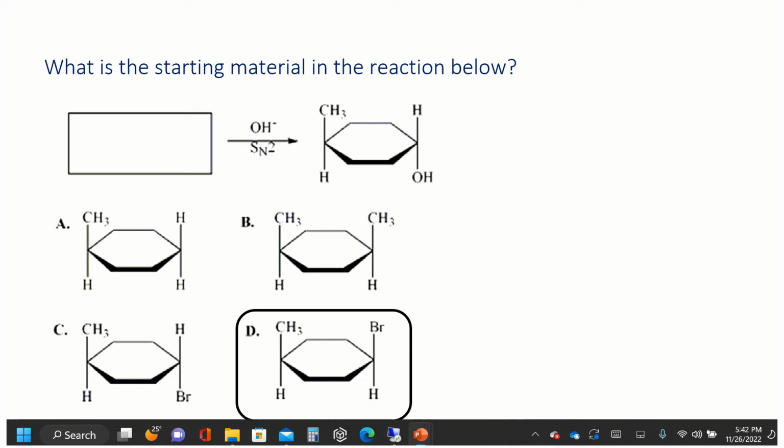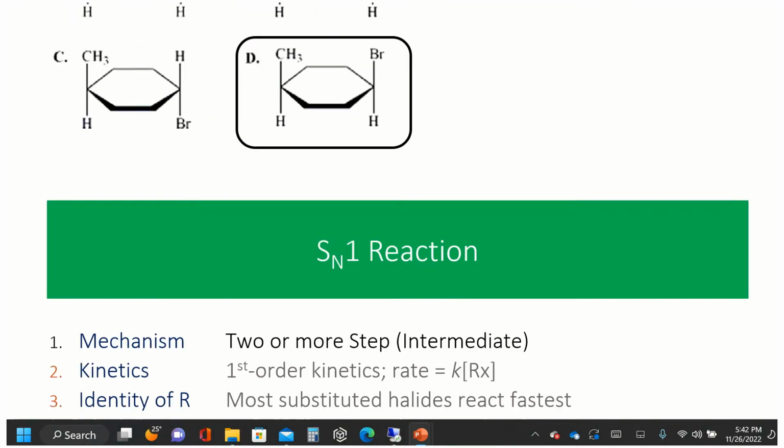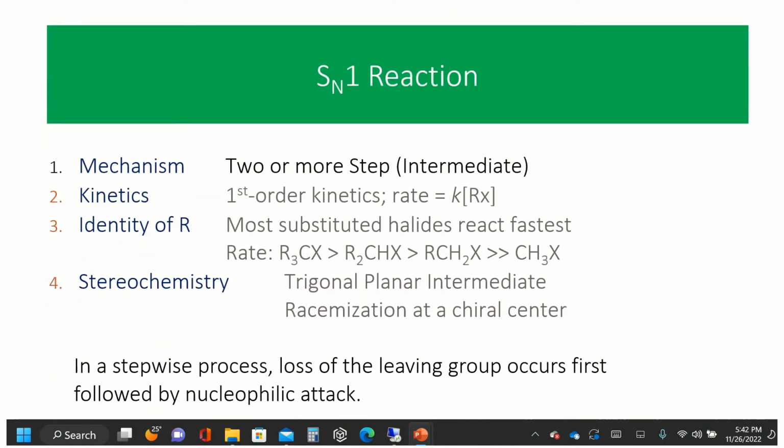With that, we're going to move on now to SN1 reactions. And the main features of SN1 reactions: it definitely goes through two or more steps, i.e. we're going through a significant intermediate. It is of first order kinetics, so rate is only dependent on the concentration of the alkyl halide.